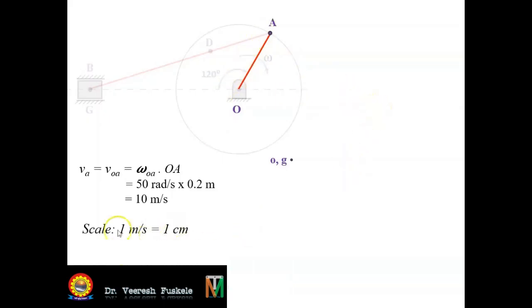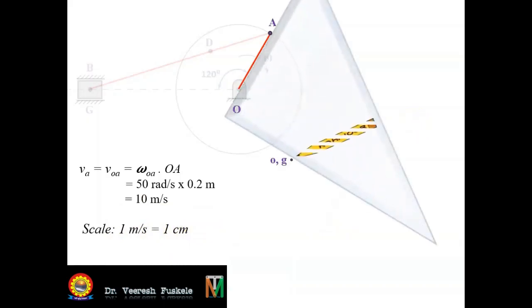The scale which we have selected here is 1 meter per second, is represented by 1 centimeter. So we take up the set square, one of the sides is placed on the link OA and the other perpendicular side will give you the velocity vector. So we will draw the velocity vector of length 10 centimeter according to the scale we have taken.